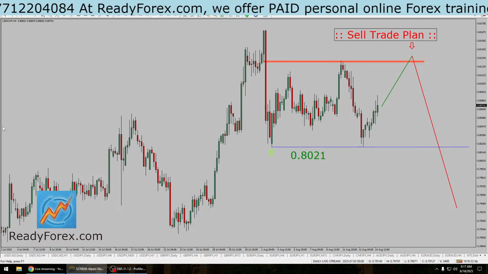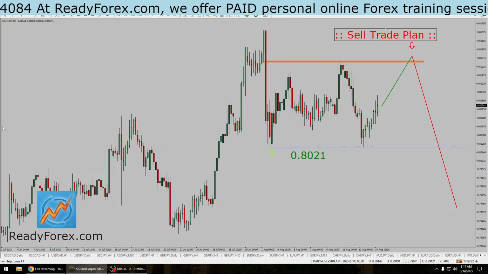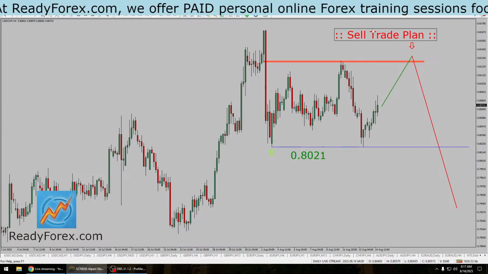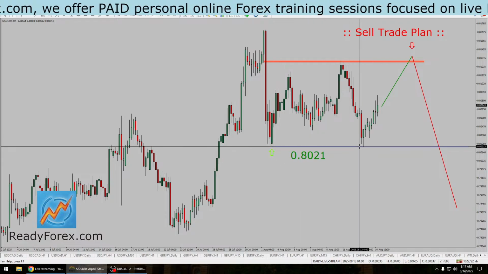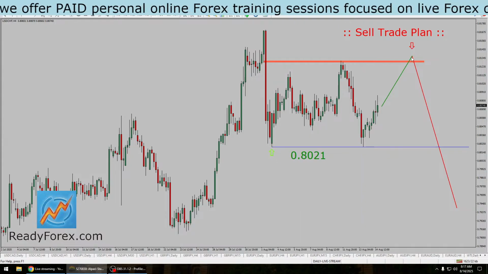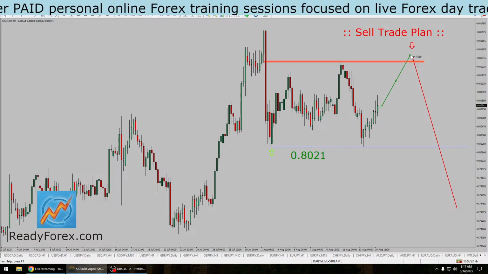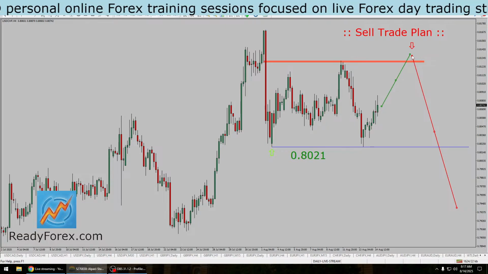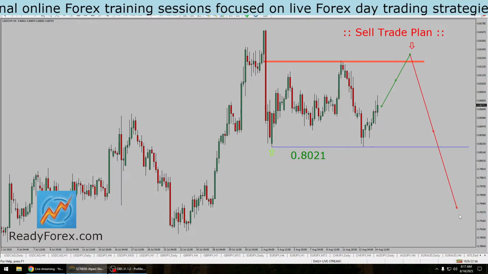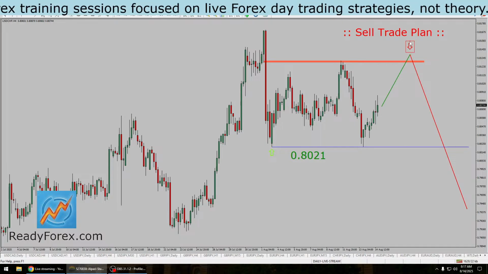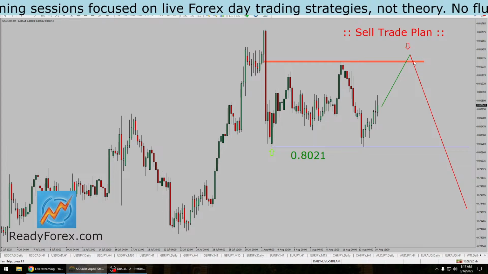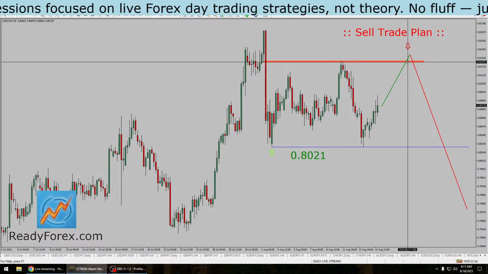US dollar versus Swiss franc currency pair, 4-hour time frame. Okay, so this is the support, and the market is most likely going to show a false breakout. Okay, and my plan is to short it. I'm going to put a pending sell order over here.